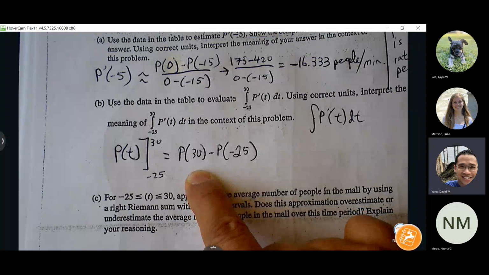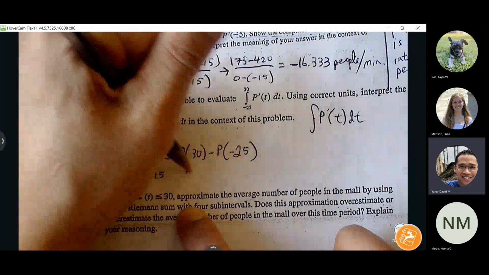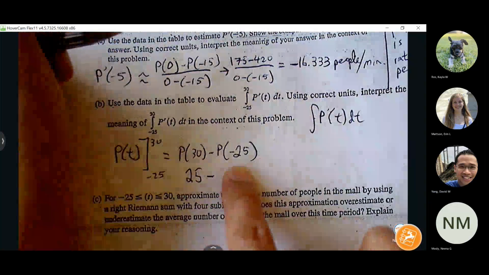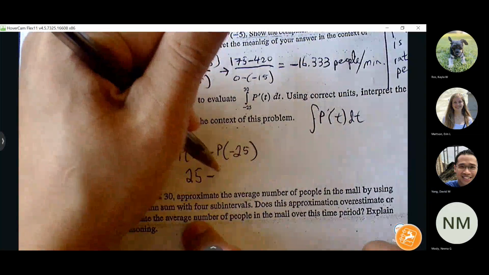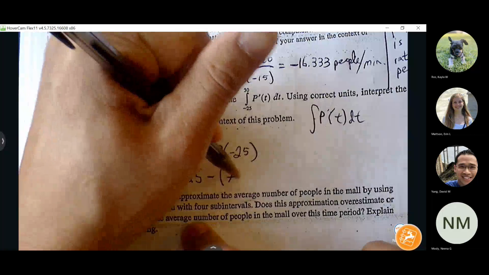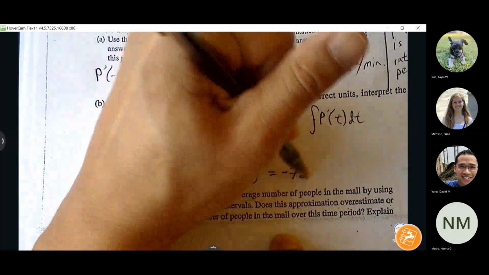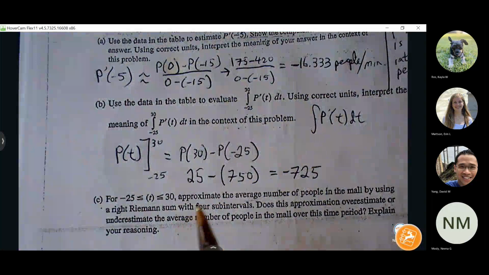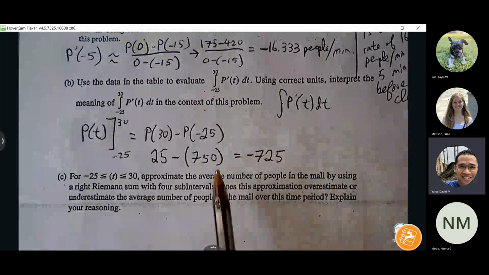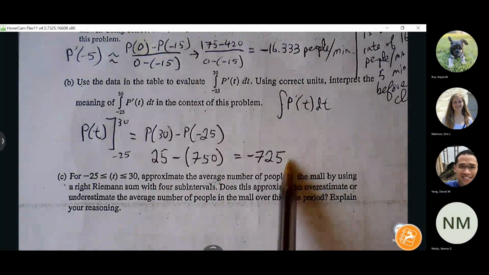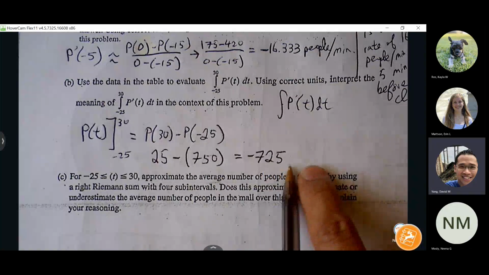So P of 30, number of people left in the building. P of negative 25. So in the context of this problem, first off, what is the unit going to be?